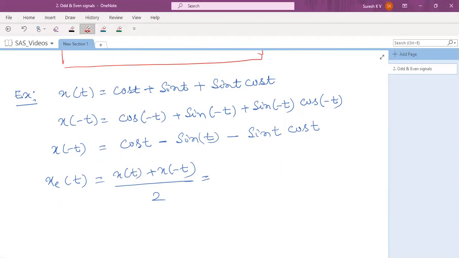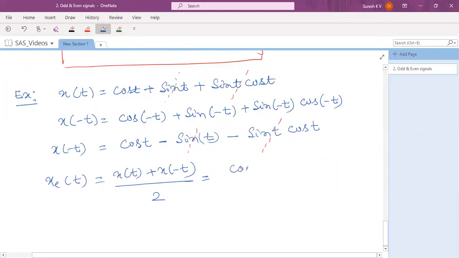You can see plus sine t cancels with minus sine t, plus sine t cos t cancels with minus sine t cos t. So what I get is 2 cos t divided by 2. So this will be equal to cos t.